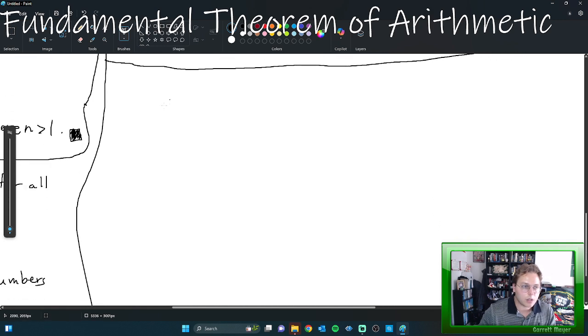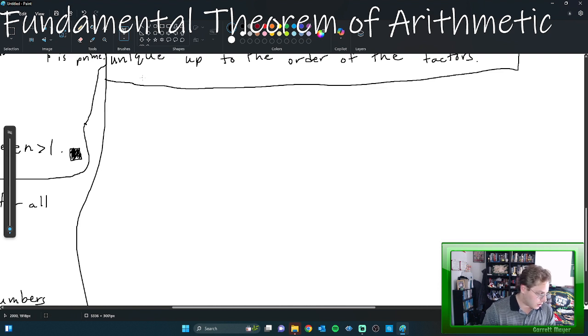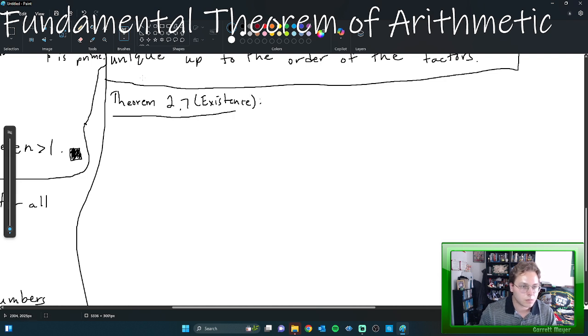So the first thing that we're going to do is start with theorem 2.7, which is existence. And this theorem basically explains, so some of these theorems are going to be written out pretty long, but hopefully you can understand the gist from the original statement.